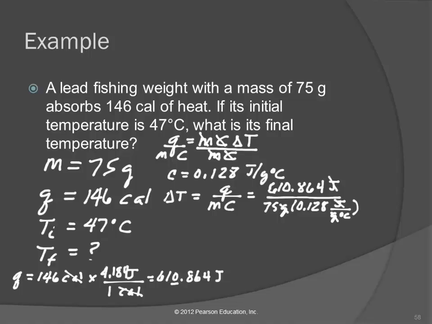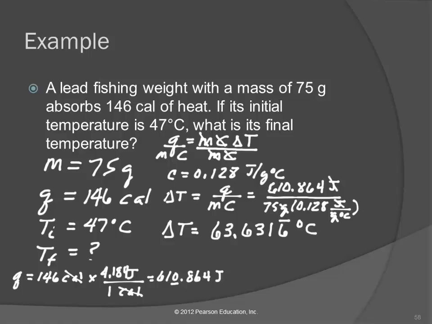And we're going to get delta T equals 63.6316 repeating degrees Celsius. Anybody else get that number? How many significant figures should that number have? 3.